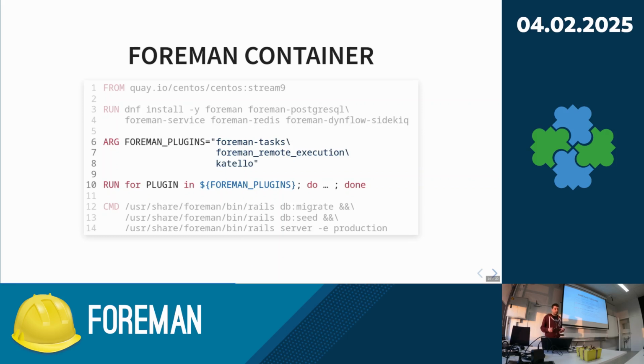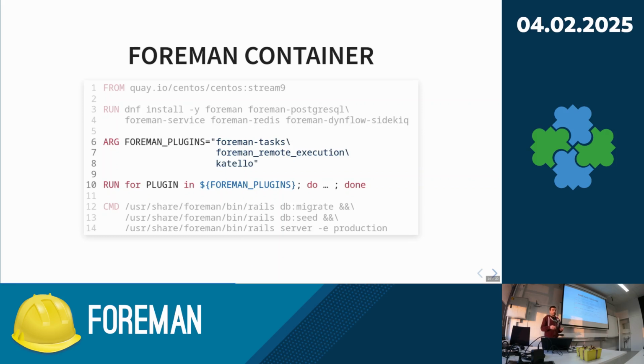And our current idea is that we will be providing a way to enable those plugins at runtime via some environment variable that might be called Foreman plugins. We are not sure yet. But we need to build them into the container already, because otherwise the code wouldn't be there, and code can be enabled.